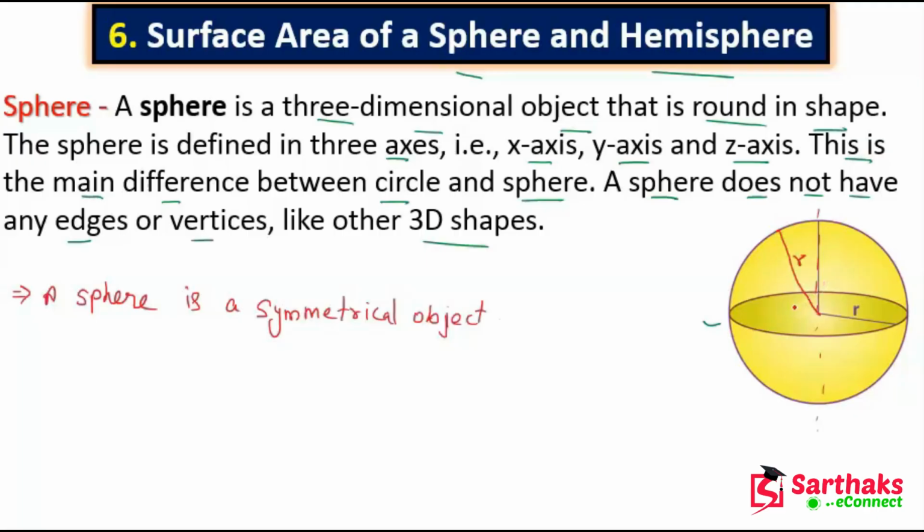A sphere has only a curved surface, no flat surface, no edges and no vertices. Examples of spheres are basketballs, the world globe, footballs and tennis balls. I hope you get this point.